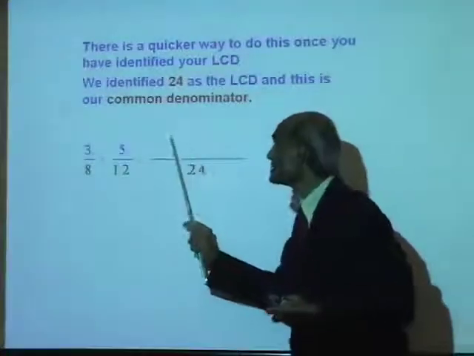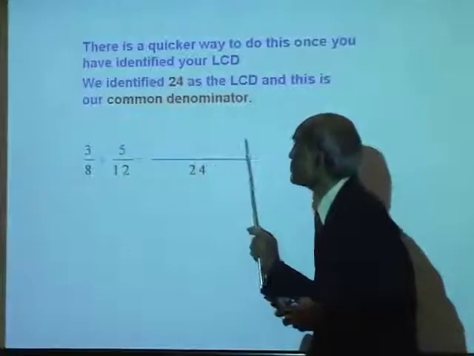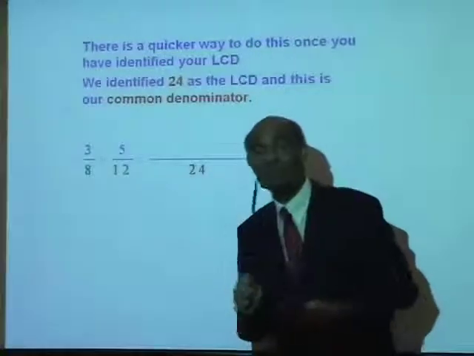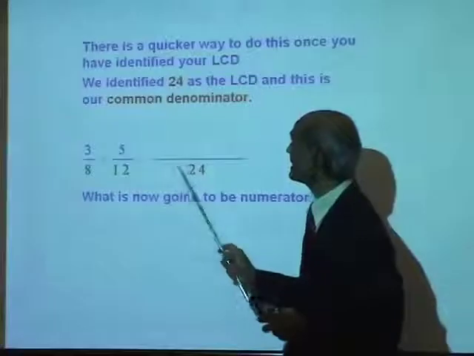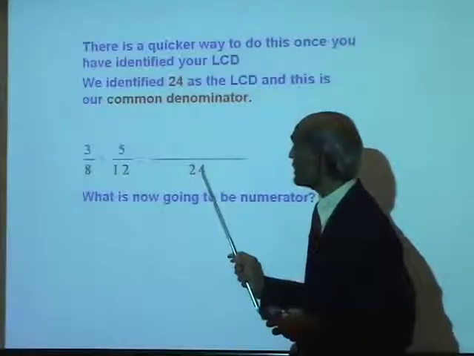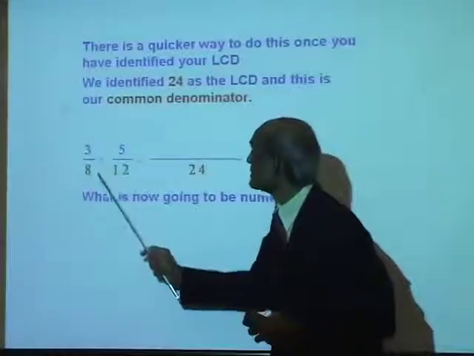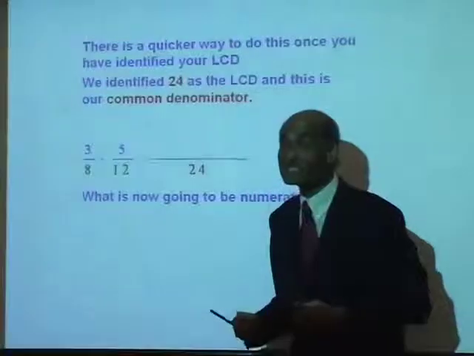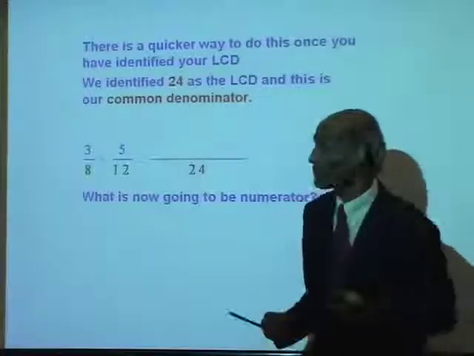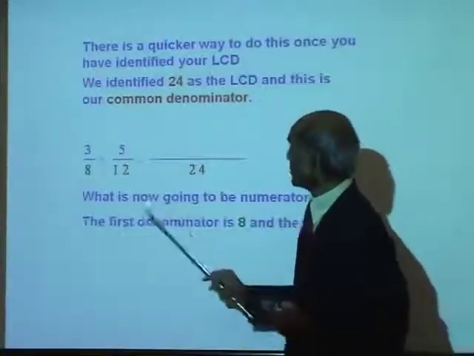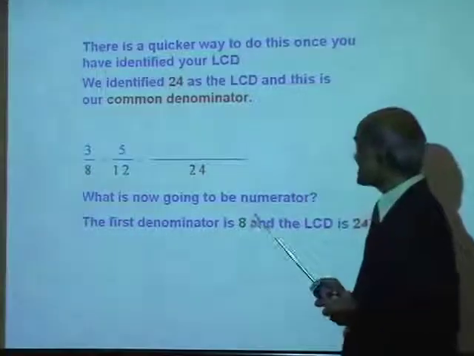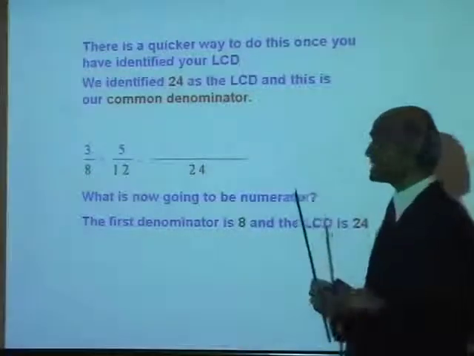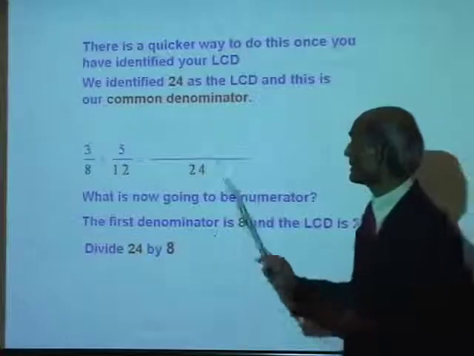And what we need to do is construct the numerator. And you see how I'm going to construct my numerator? You've got to say 24 divided by 8. You see, that's how we obtained that number 3, if you remember. Now, the first denominator is 8 and the LCD is 24.